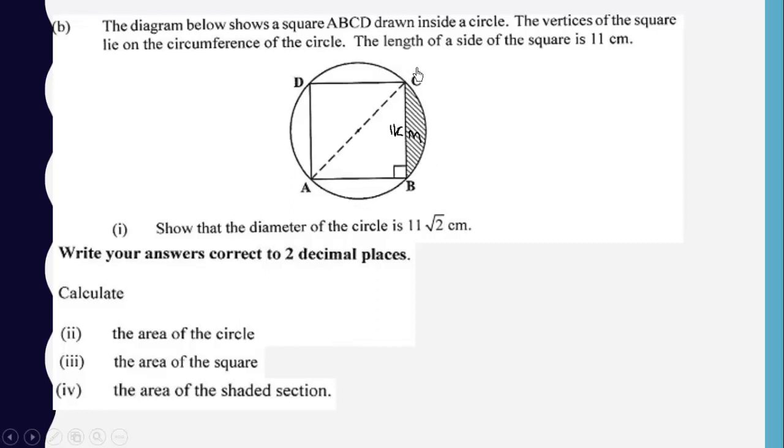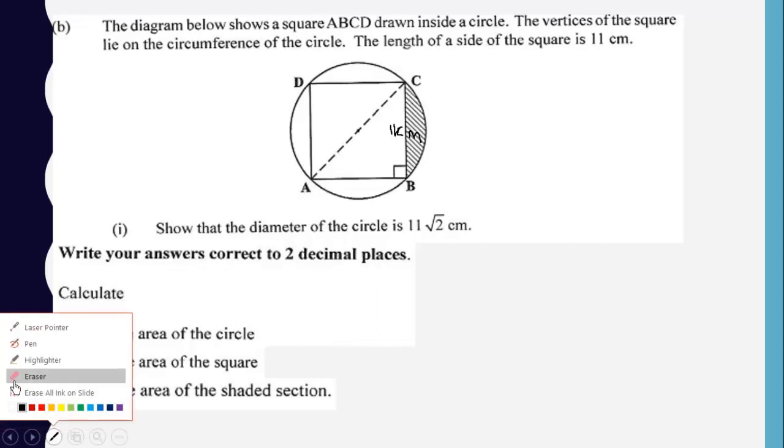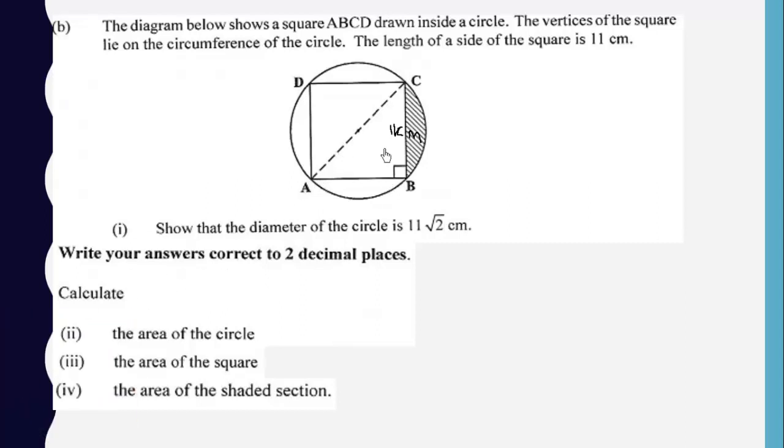Now the question is, show that the diameter of the circle is 11 root 2 centimeters. Now the diameter is AC. So this is the diameter, and this is another 11 centimeters over here.